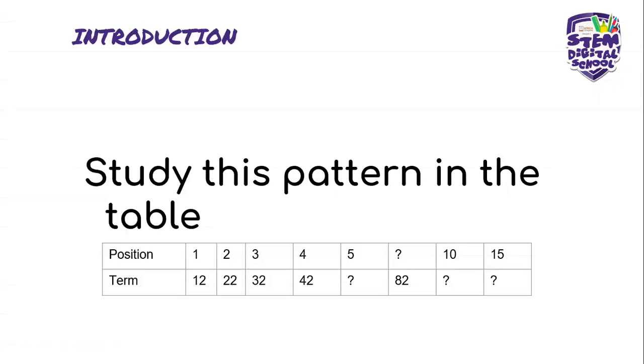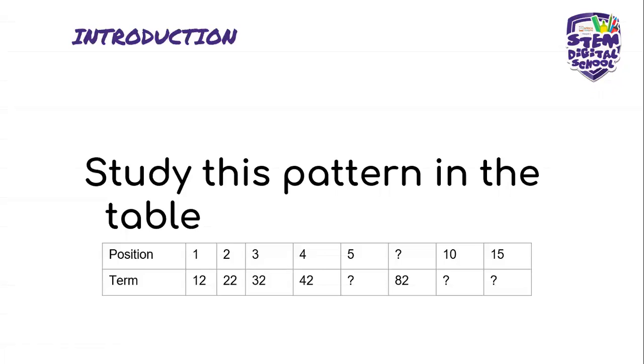And of course, in position 1, the term that we have is 12, and in position 2, we have the term 22, and in position 3, we have 32, and so on and so forth. In position 4, you can see that we have 42.